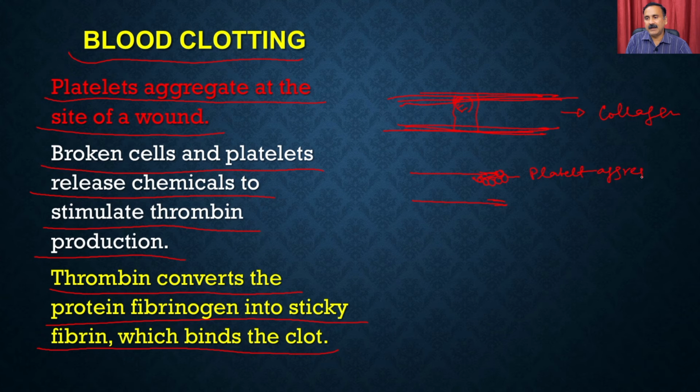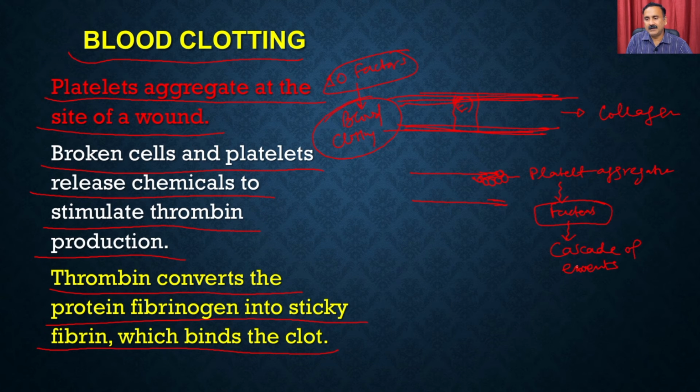If there is platelet aggregation, the platelets are going to release many factors, right. You know that there are almost 10 different factors which are important for blood clotting, and these factors are going to initiate a cascade of reactions, a cascade of events.